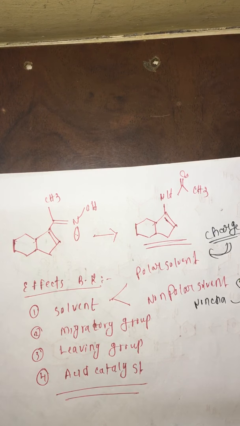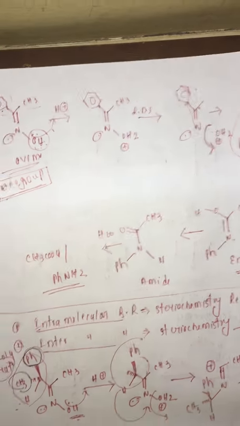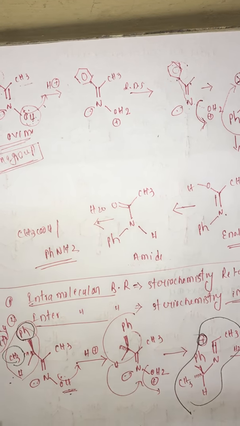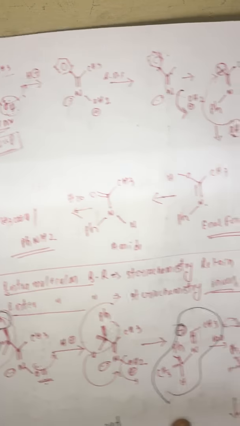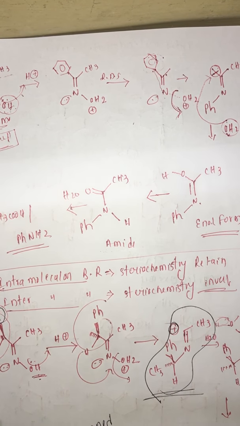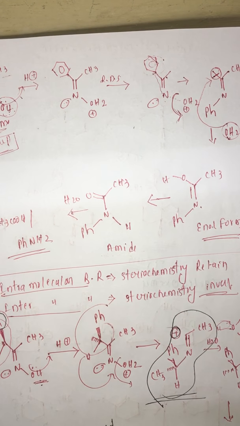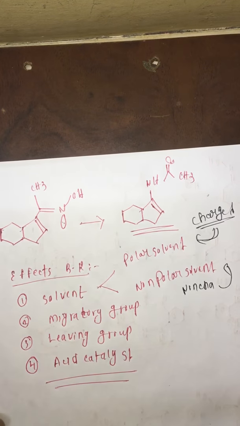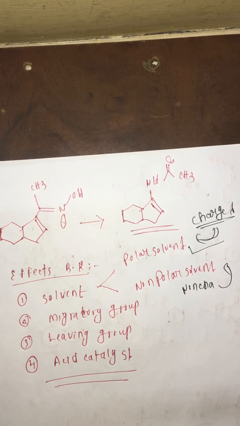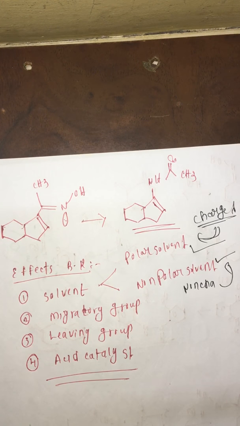In the mechanism of Beckmann's rearrangement, in this step there is a positive charge. Since a charged species is involved, polar solvents are favorable for Beckmann rearrangement over non-polar solvents. When we use a polar solvent, the reaction goes very fast. When we use a non-polar solvent, the reaction goes very slow.